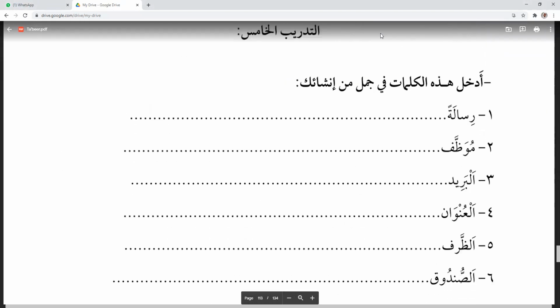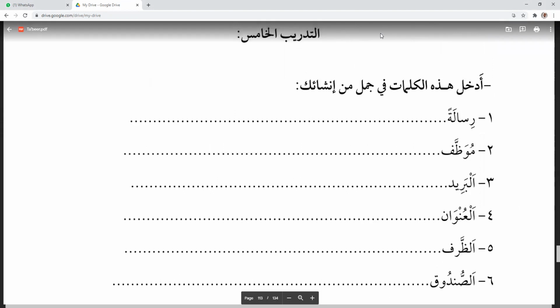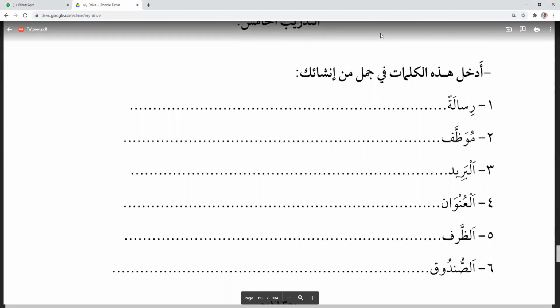Okay, this lesson is kind of short. أدخل هذه الكلمات في جملة من إنشائك. Okay, these ones, because I already sent you quite a few for the past exercise, I think we just do these ones here, because there's only 6. Put them in sentences.